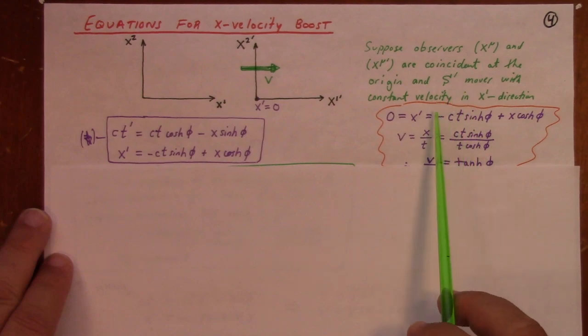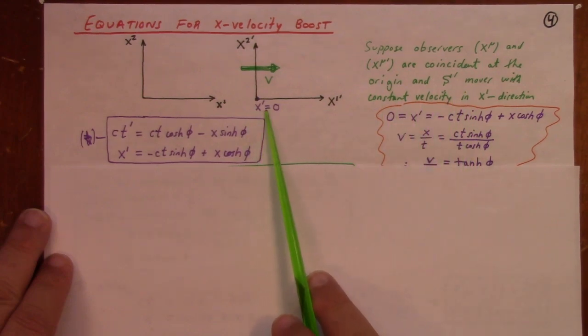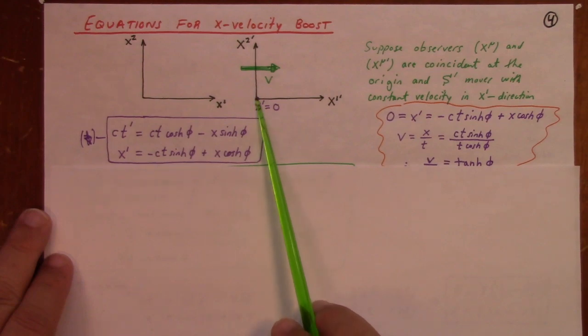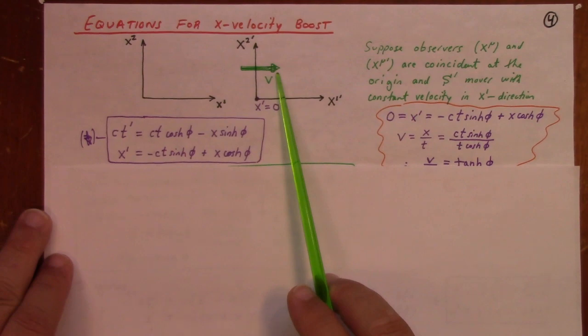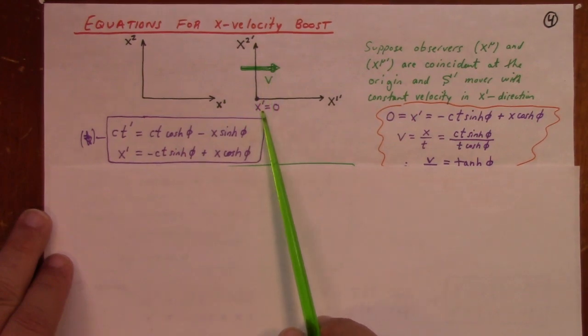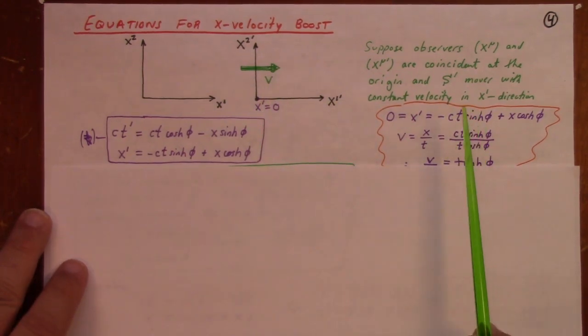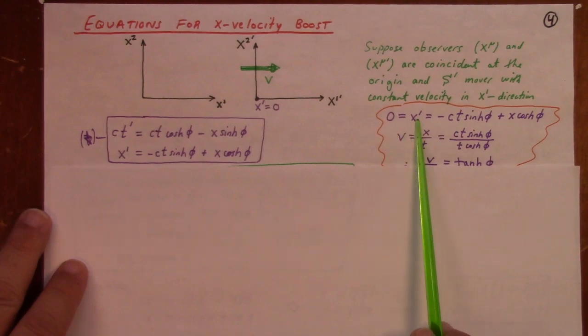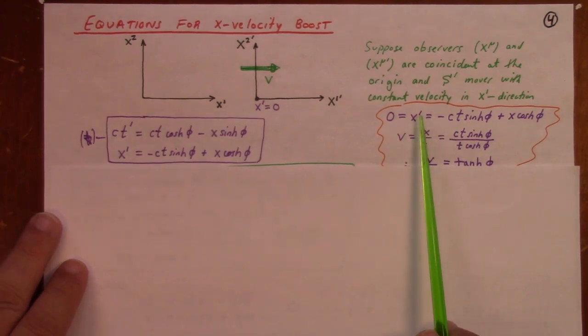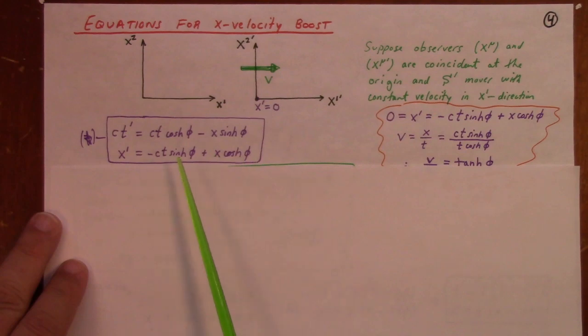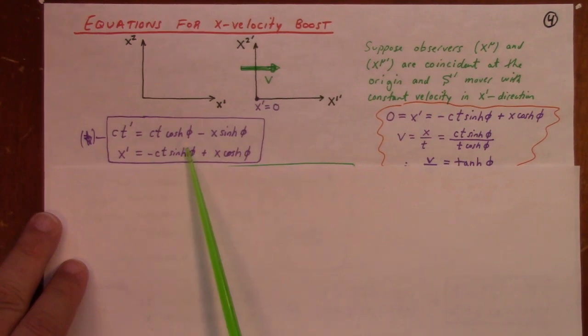And so then we can look at the equations of the origin of the primed system moving. If it's moving with velocity v in the x direction, then that means 0 equals x prime is this equation, right? But if you look at the equations from the lambda 1, they give you this, all right?